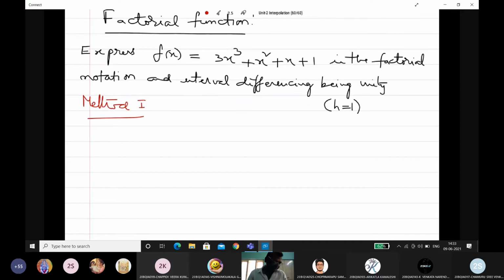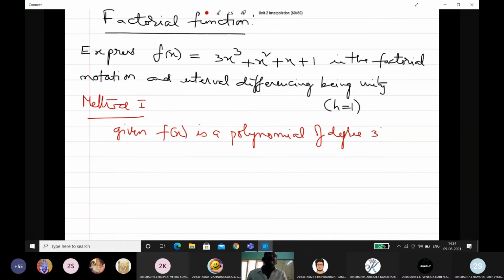Method 1. Given f of x is a cubic polynomial, a polynomial of degree 3.